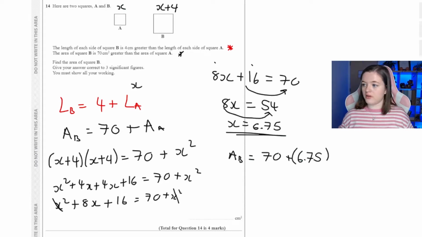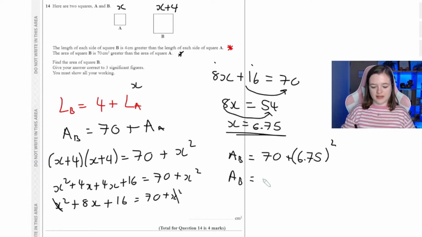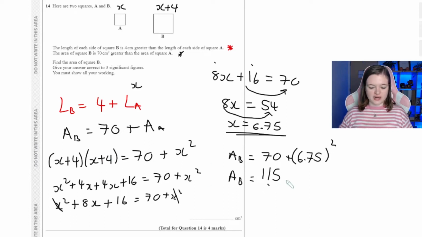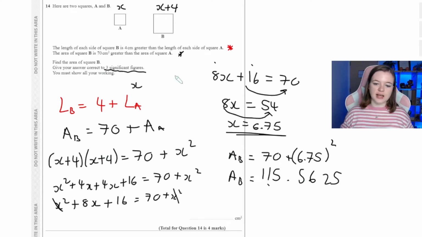So the area of B is going to be 70 plus that 6.75 squared, which is 115.5625. Or to three significant figures, that's going to be 116. Ta-da!